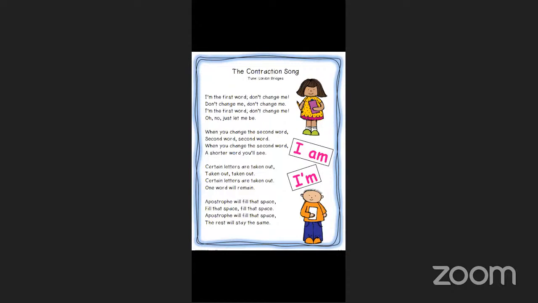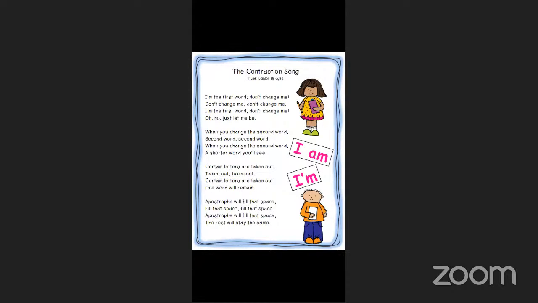Right. We'll just go through the lines again and see what it says. I'm the first word. Don't change me. When you say I'm, I'm doesn't change, son. Oh no, just let me be.